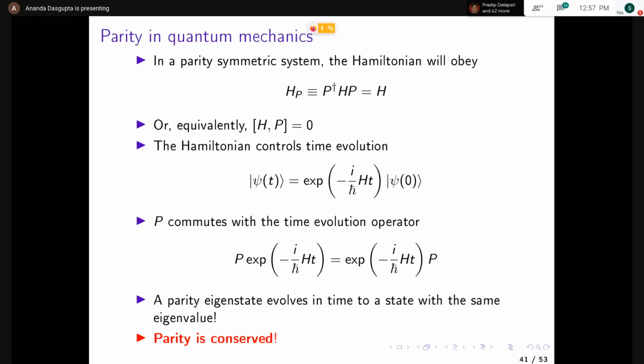It simply says that you may have states which stay the same under parity, or even functions. That is, if you change x to minus x, y to minus y, z to minus z, it doesn't change. Or you could have odd functions, they change sign. And this parity, if your system has a parity symmetry, this quantity must be conserved.